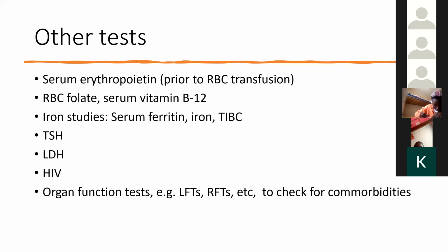And then other organ function tests, to check for comorbidity, because if somebody has myelodysplastic syndrome and also has renal disease, they have a much worse prognosis than somebody who does not have that comorbidity.